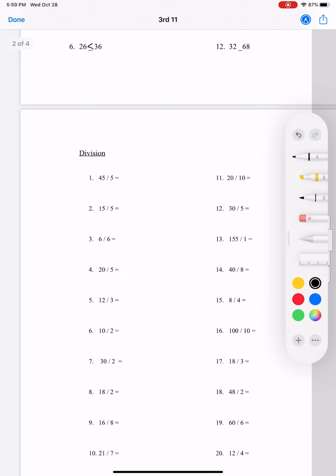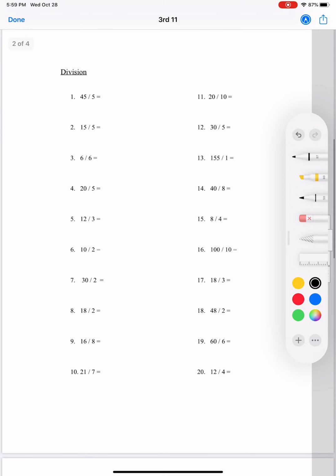Okay, next page, division. So this is kind of like multiplication, except the opposite. That doesn't really make sense, but basically you would have to do 45 divided by 5. It's something you use with memorization, but another way to think of division is 5 times what would equal 45.